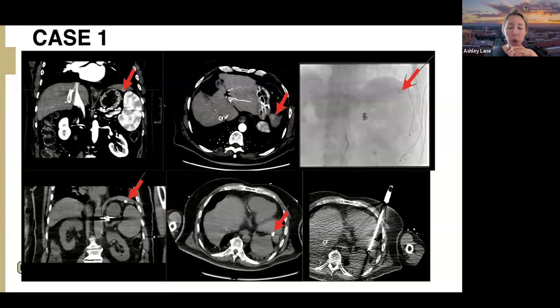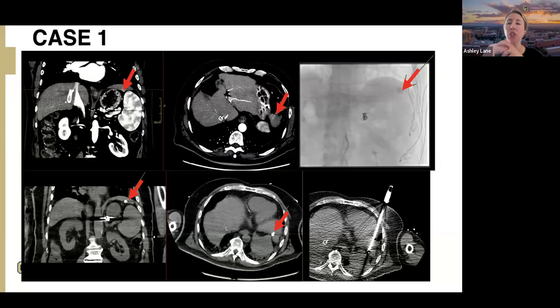So what they decided to do was conventional TACE with that Lipiodol to stain the lesion and initially treat it. So they did a doxorubicin Lipiodol emulsion. With TACE, like I was saying, they typically cannulate the femoral artery. They go up and they identify the artery supplying the tumor.